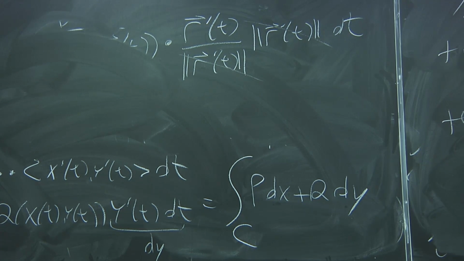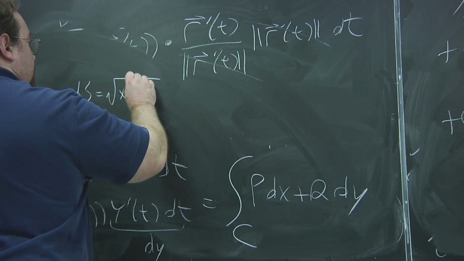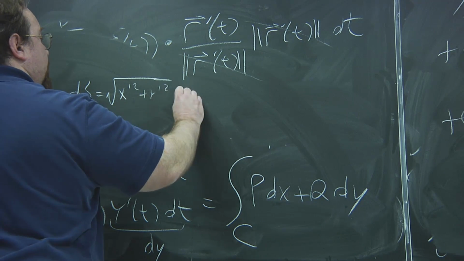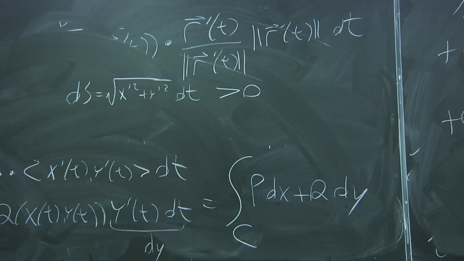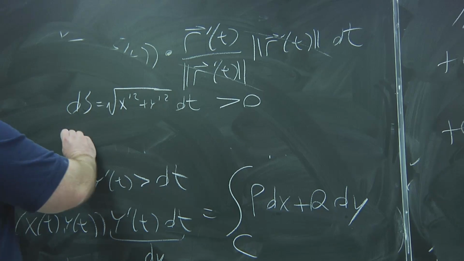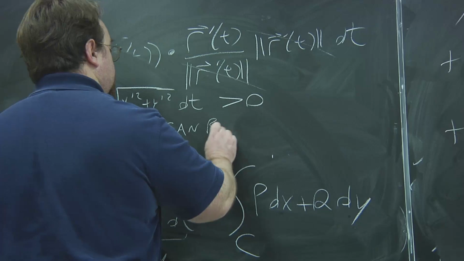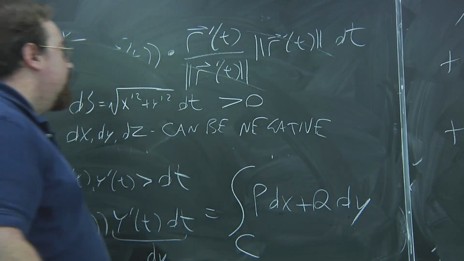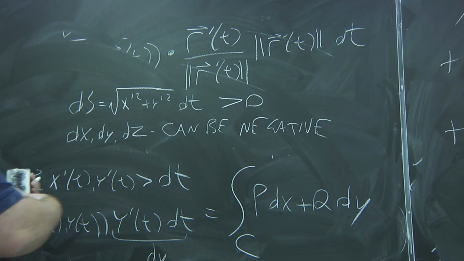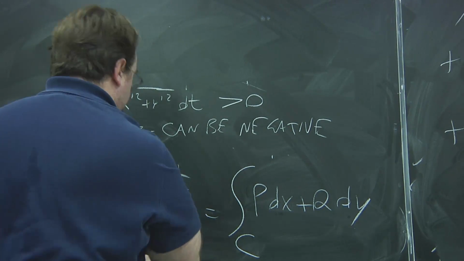The thing you have to be careful about is that ds, which is the square root of x prime squared plus y prime squared dt, is always going to be positive. But dx, dy, dz can be negative or positive, depending on how the curve is going. So you have to be careful about that. Now the orientation of the curve becomes important.